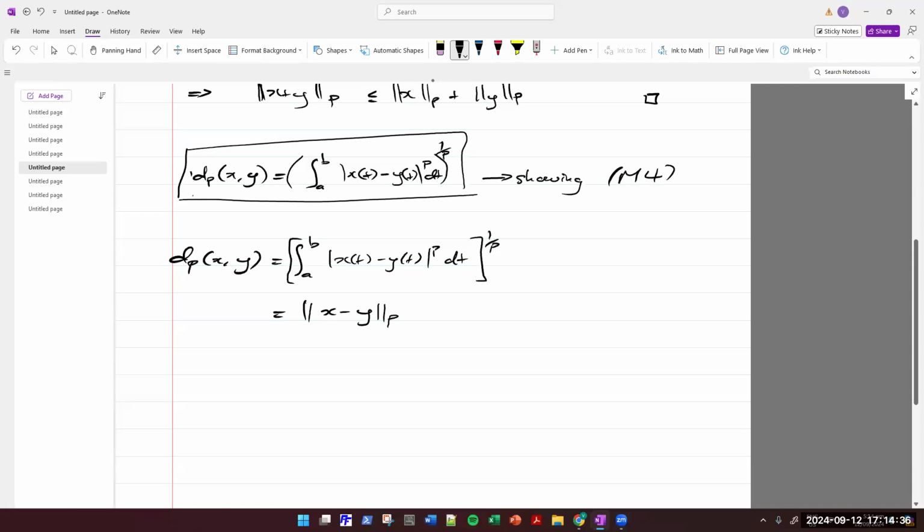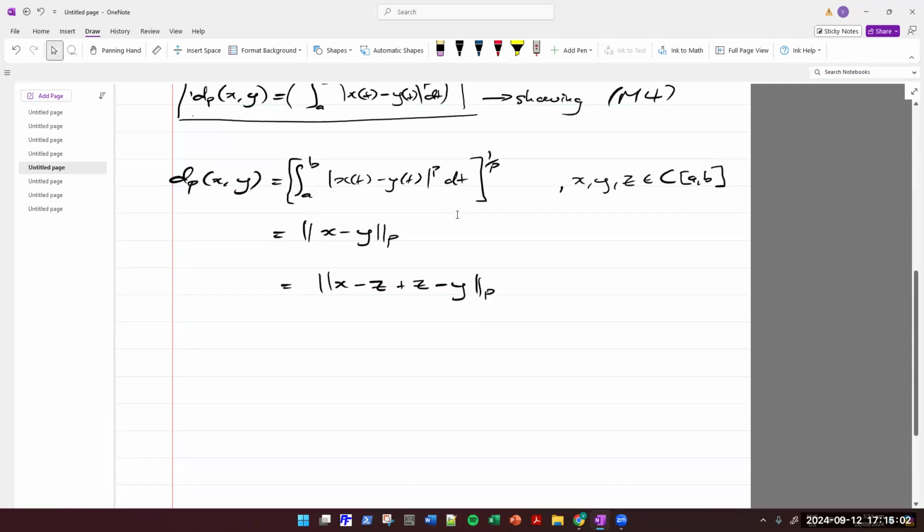And what I'm going to do is the oldest trick in the book. You're going to subtract z and add z. So again, z is some function; x, y, and z are continuous functions on a, b. So add z minus z, x minus z plus z minus y, p.